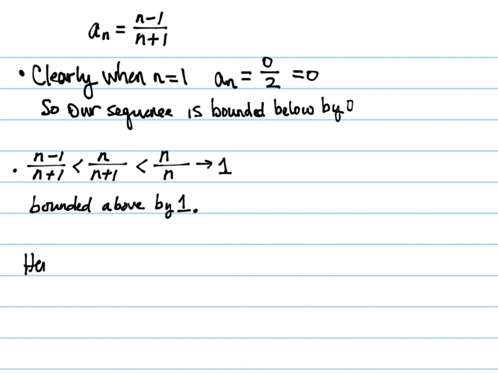Hence, it's also bounded. We talked last time, and let me remind you, just because something is bounded does not make it monotonic, and just because something is monotonic does not make it bounded. Those are not either-or things. There are 4 possibilities: both happen, neither happen, or one of each.